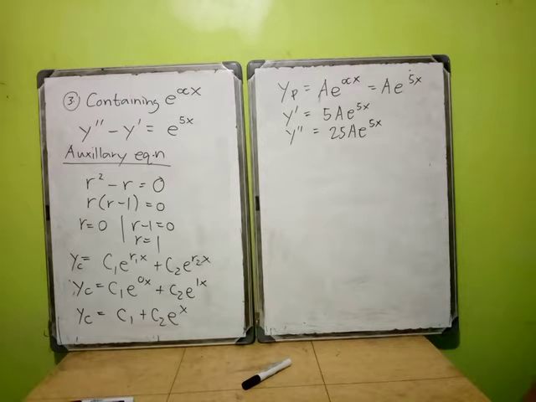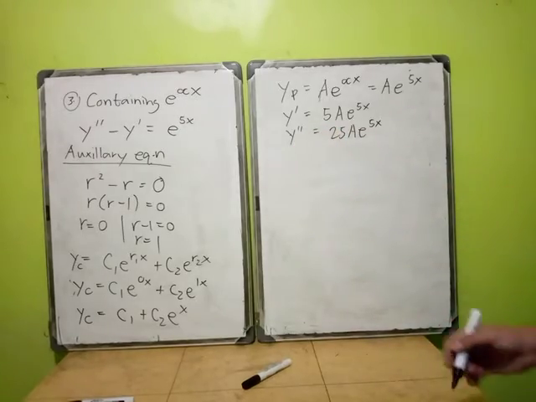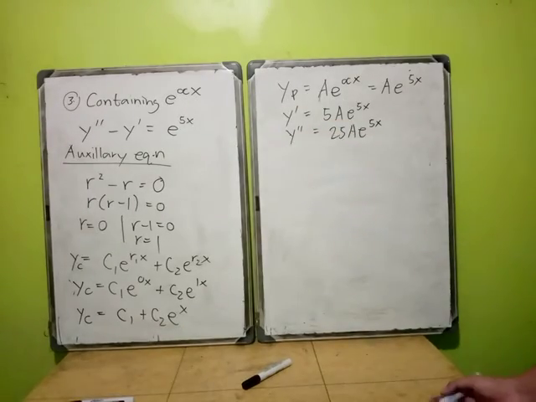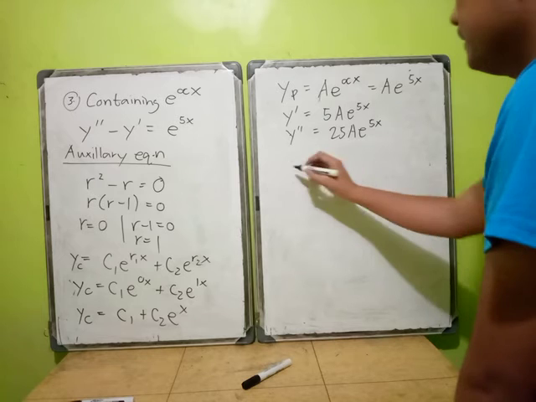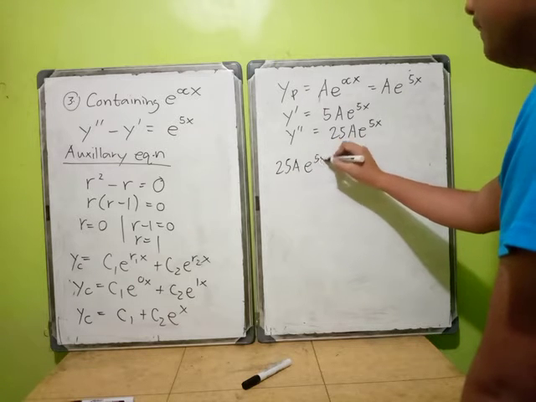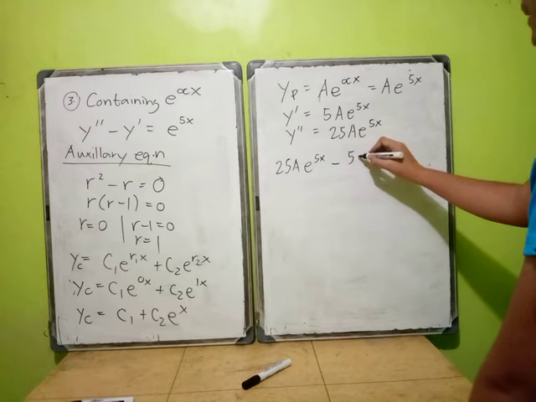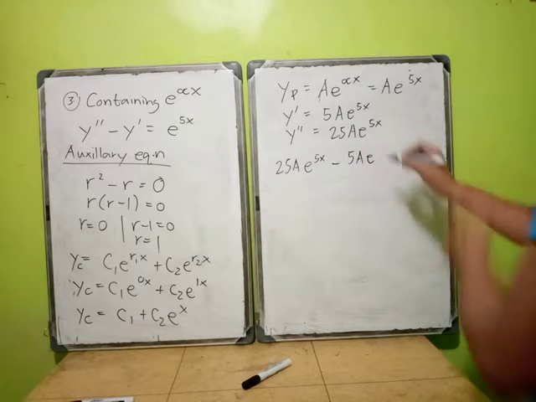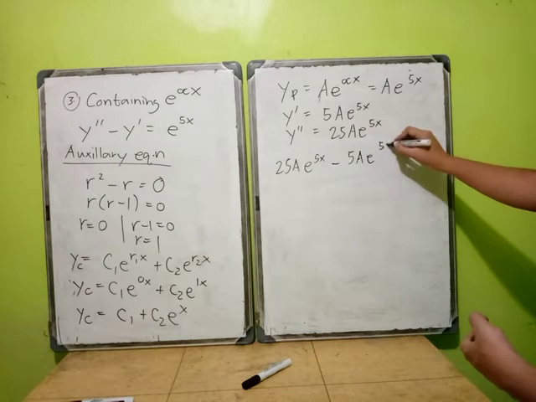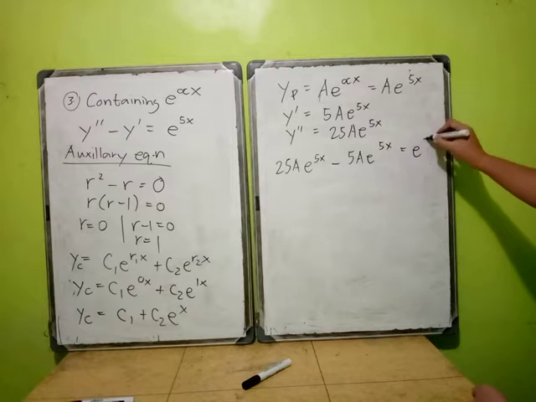If that's the case, we will substitute. So it will become 25A e to the power of 5x minus 5A e to the power of 5x is equal to e to the power of 5x.